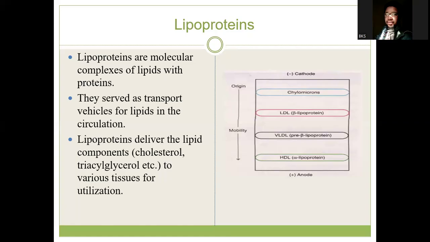Before we talk about the structure of lipoproteins, let me just give this explanation. We made mention that these lipids can be produced in the body. As well, you can also eat food that contains these lipids.